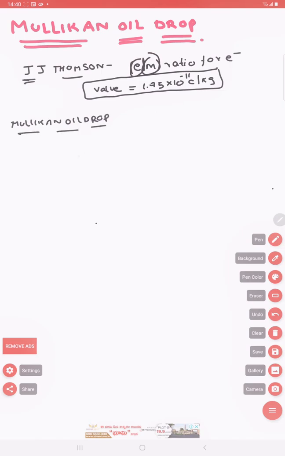So in the Millikan oil drop, I have taken a beaker or a tube, you can consider a test tube. Sorry, this should be somewhat large, so please forgive me. I'm drawing here.